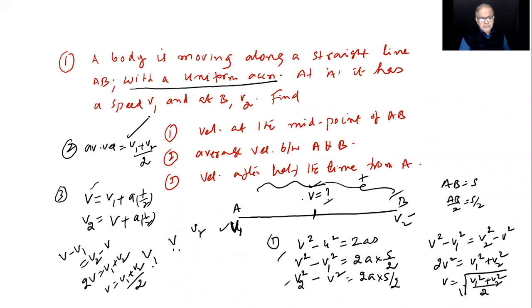Is it all right, children? So average velocity is nothing but velocity after half the time, if the acceleration is constant. All right.